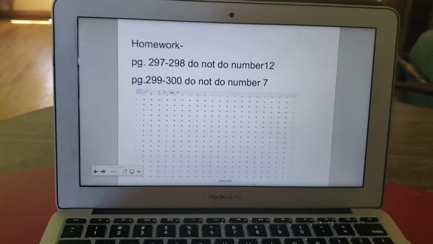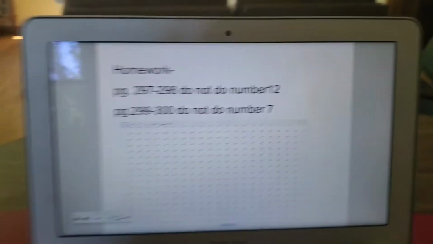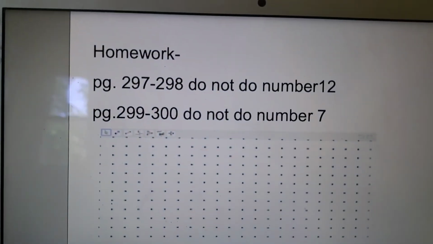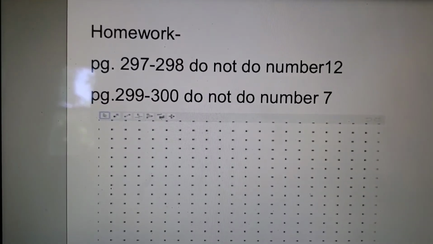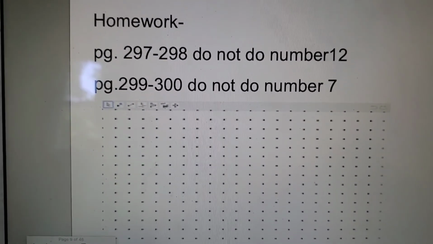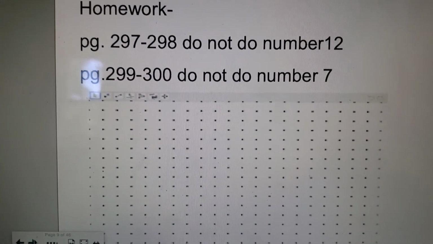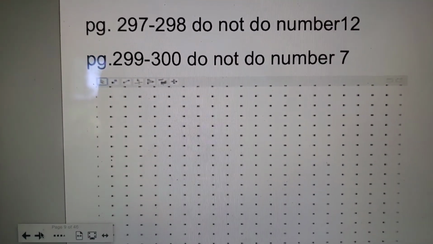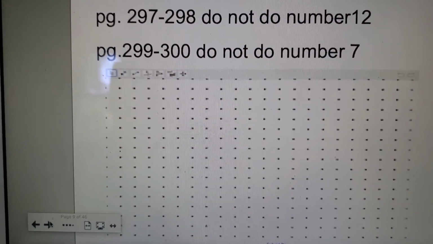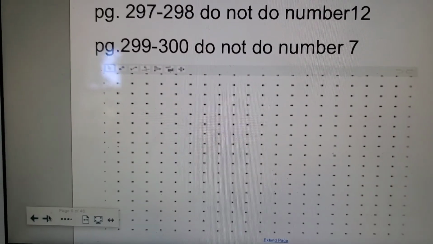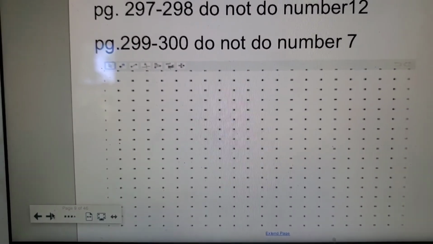Okay, so now we're on to homework. We're going to do pages 297 and 298, and we're not going to do number 12. And then we're going to do pages 299 and 300, and we're not going to do number 7.